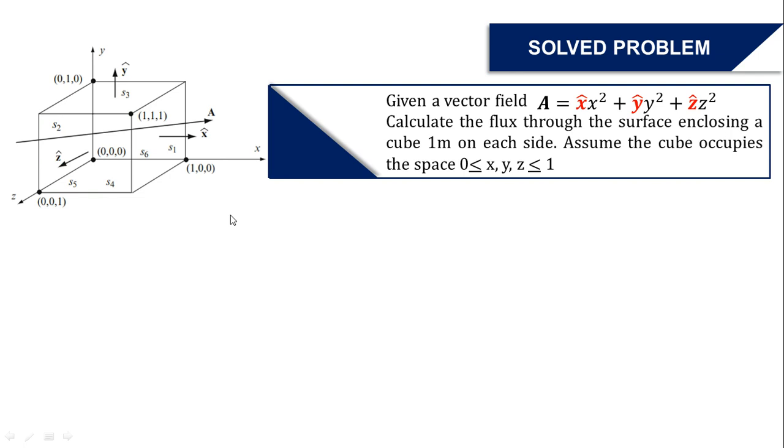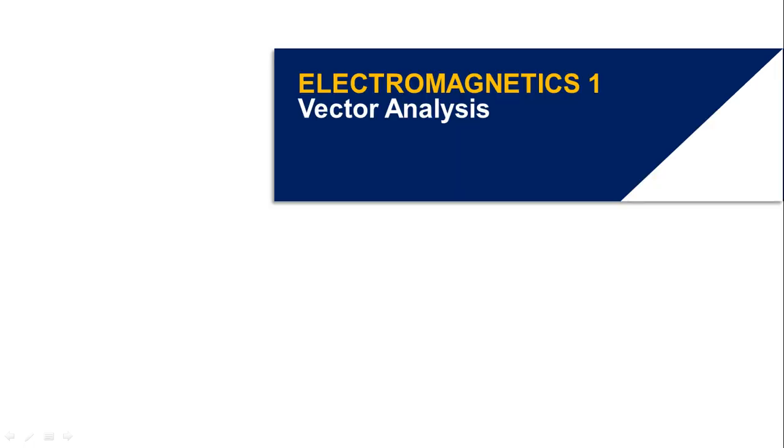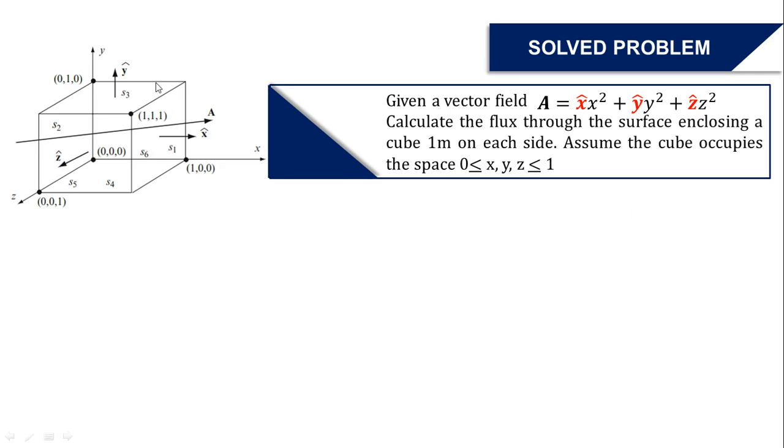Assume the cube occupies the space x from 0 to 1, y from 0 to 1 din, and z from 0 to 1. So ito yung ating illustration dito. So pinapahanap daw sa atin yung flux through the surface enclosing the cube.